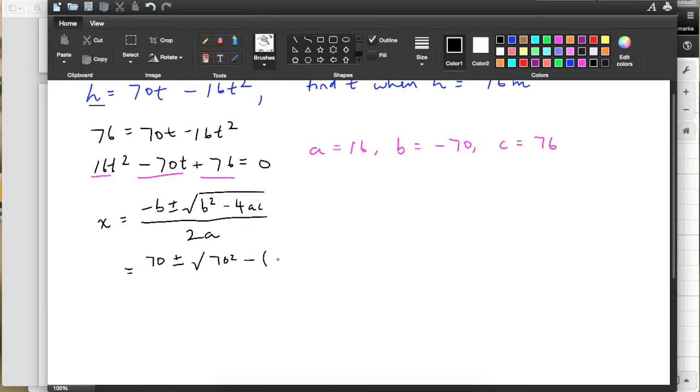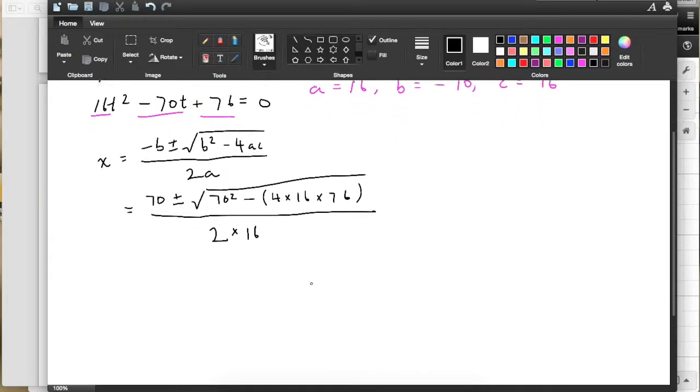And then minus 4ac, 4 times 16 times 76. Again, pay attention to where the brackets go in this equation because you don't want to make a calculator error. Okay, so over 2a or 2 times 16.